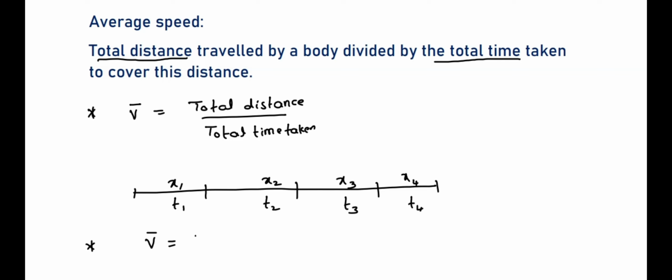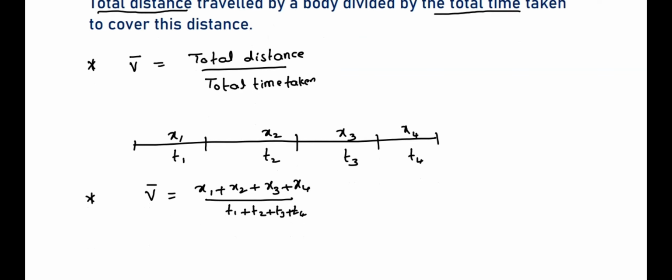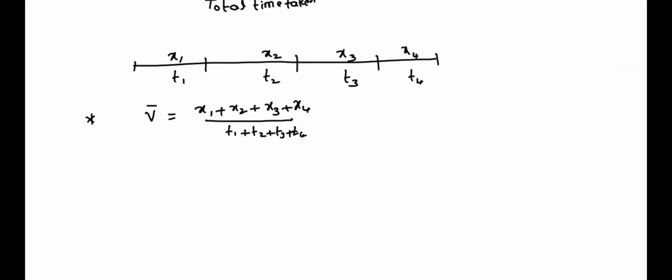Average speed is equal to total distance. We will add all these distances, x1 plus x2 plus x3 plus x4. Total time taken is t1 plus t2 plus t3 plus t4. This is average speed. The concept of average speed is important.